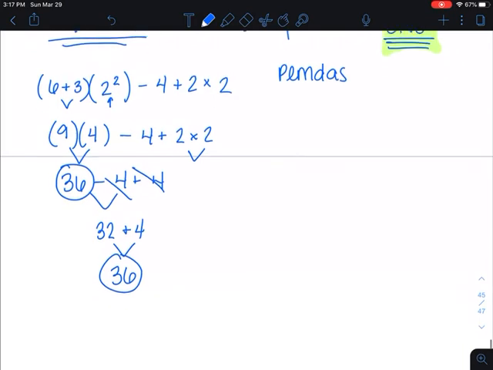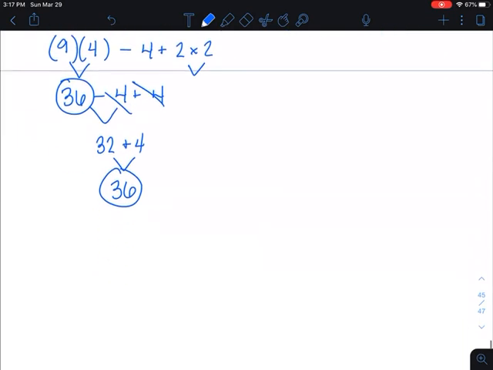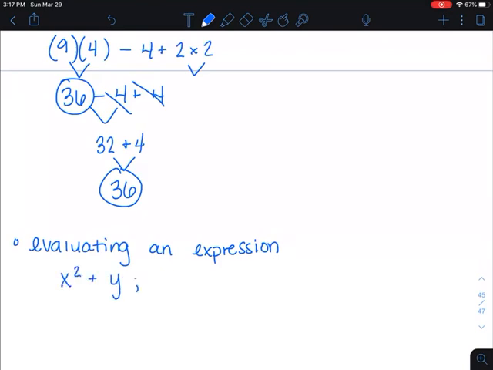Alright. Evaluating an expression, let's say that they give you x squared plus y, but they tell you that x is equal to 2 and y is equal to 4.